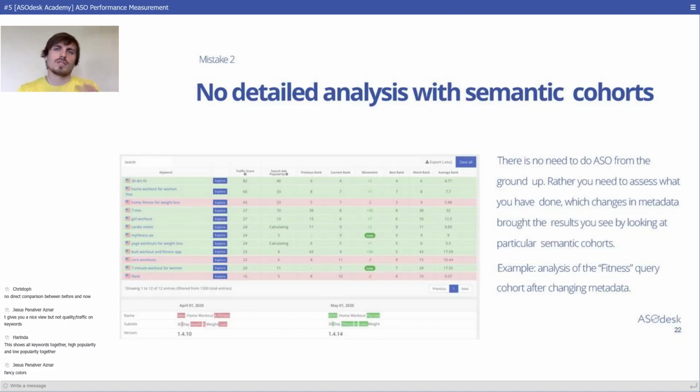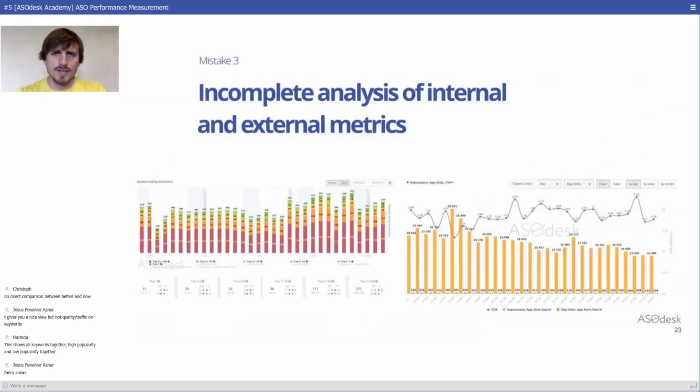For example, all the keywords with the sense of fitness, all the keywords with the sense of workout, all the keywords with the sense of running, etc., etc.